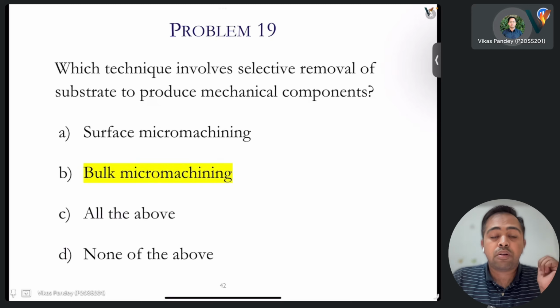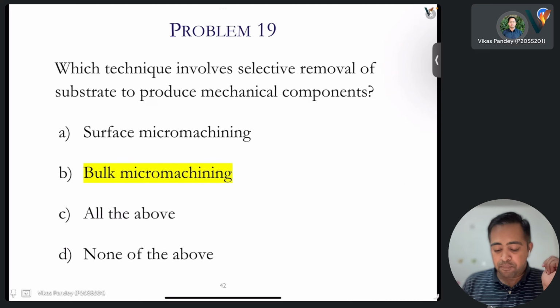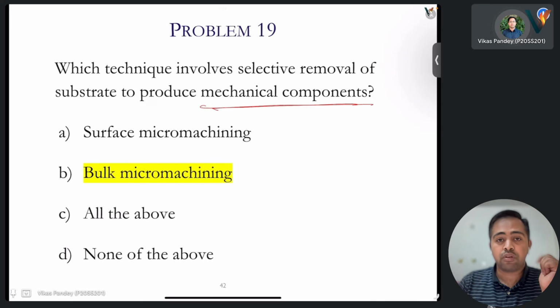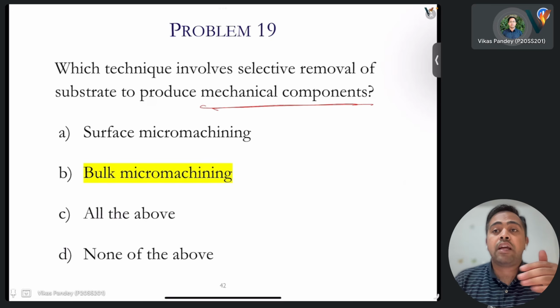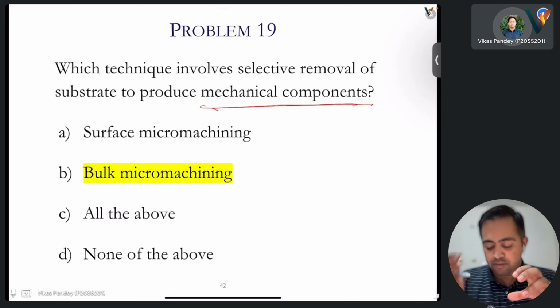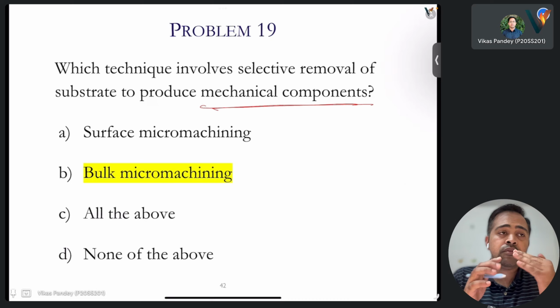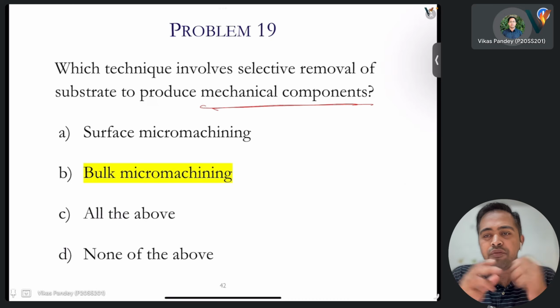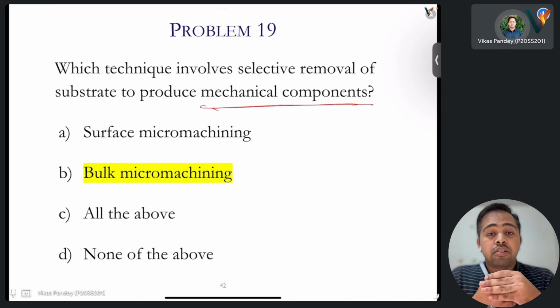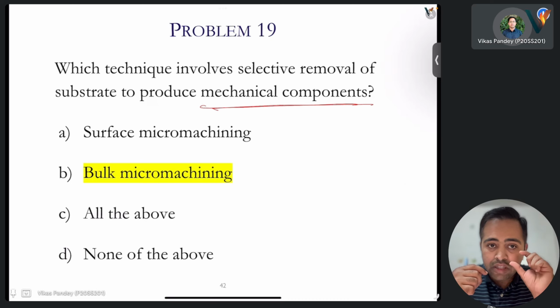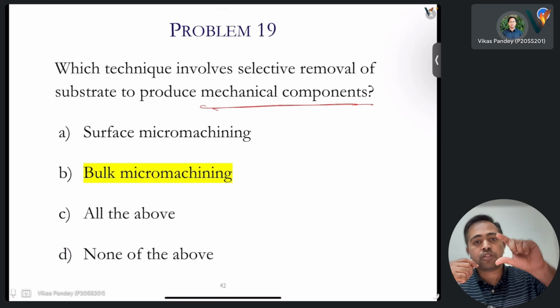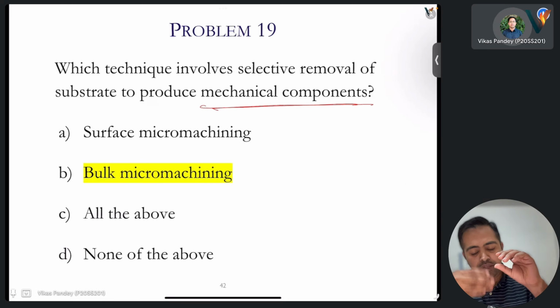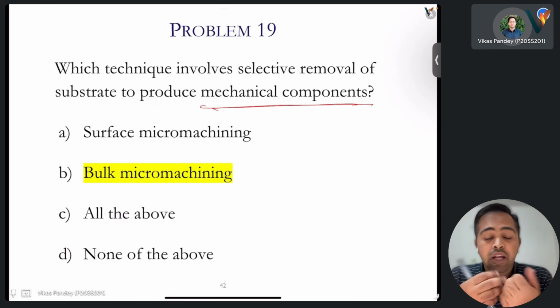So this is called bulk micromachining. Mechanical components, when we are talking about, means those which can move or create some movement, like gears, pulleys, cantilevers, and such structures. So there the thickness or the depth of the structure will be very high.